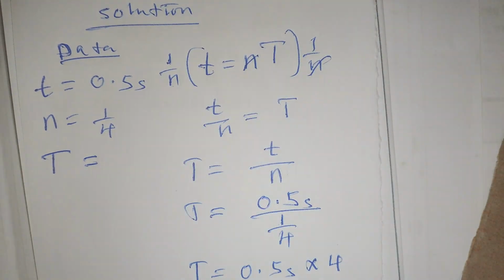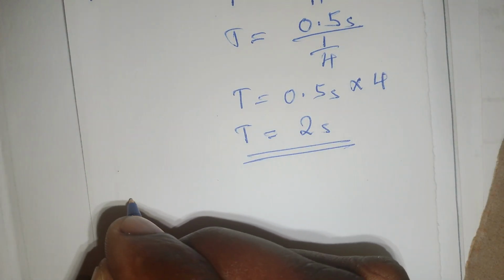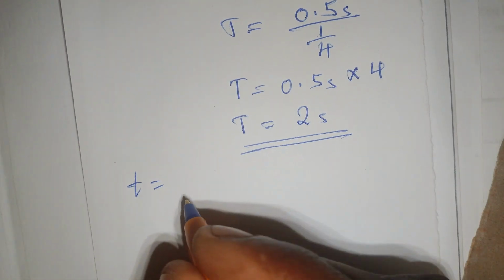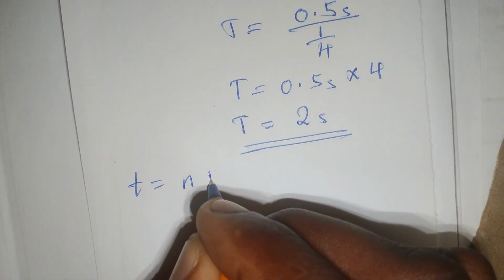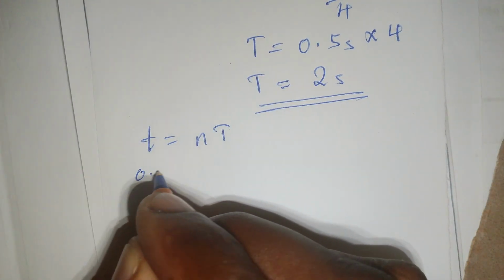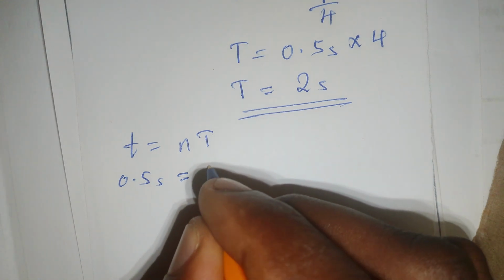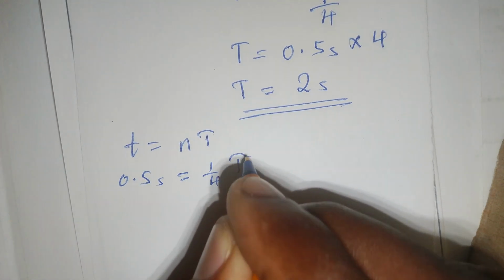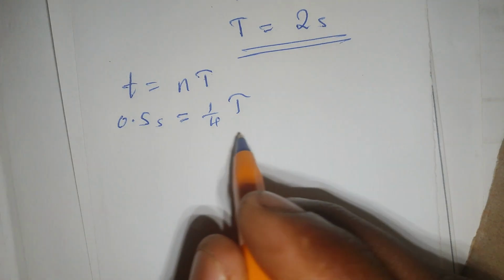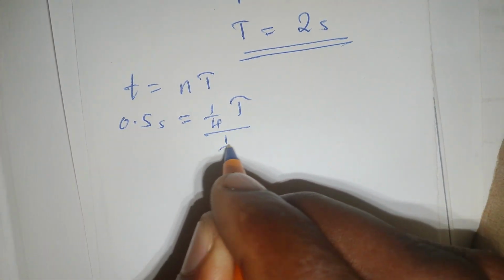Or if you don't want, you can also plug in directly. Since you know that time is equal to number of oscillation times period, you can just plug in: your time is 0.5 seconds, which is equal to your number of oscillation, 1/4, times period.